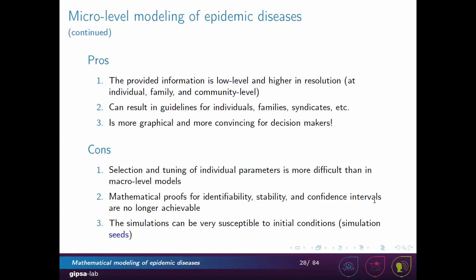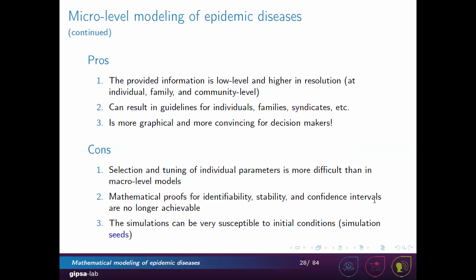The negative aspect of this approach to modeling is that selecting and tuning of the individual parameters is more difficult than in macro level models. In macro level models, we usually use estimation theory and, for instance, nonlinear least squares methods for fitting the model parameters onto the data.